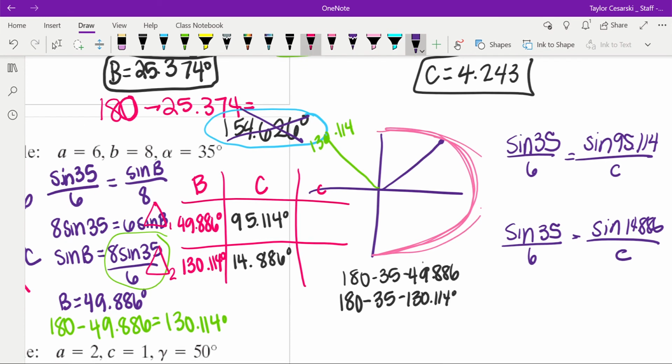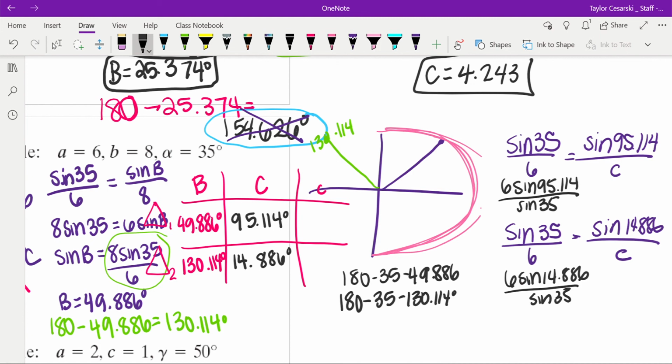Okay? So when you end up cross multiplying and doing all of that fun stuff, you're going to get 6 sine of 95.114 divided by sine of 35. And 6 sine of 14.886 divided by sine of 35.